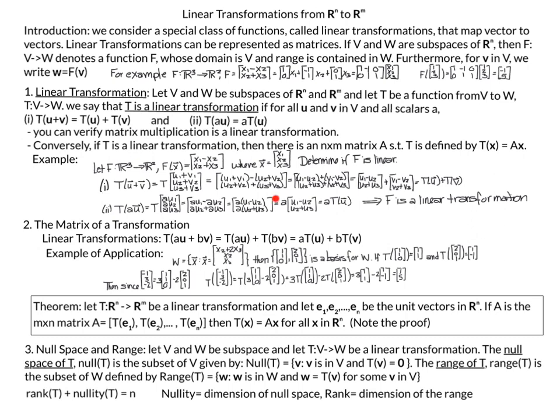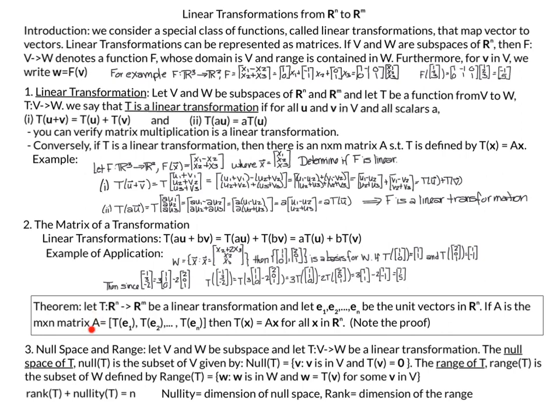And we did many examples of showing that a function or transformation is linear, and also examples of functions that are not linear. We said that linear transformations can be represented by a matrix, and this is the theorem that allowed us to find a matrix.